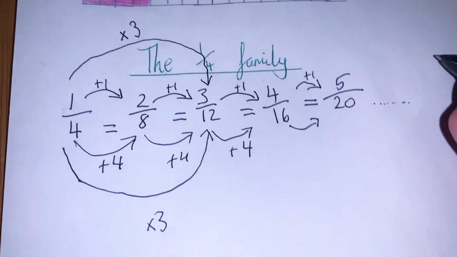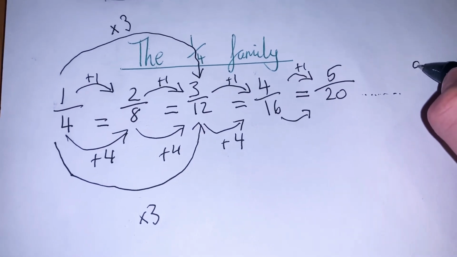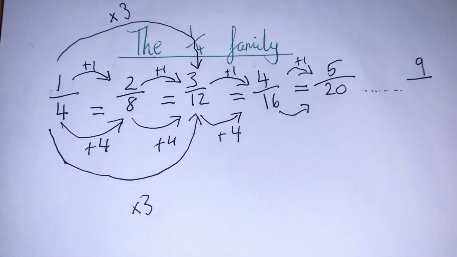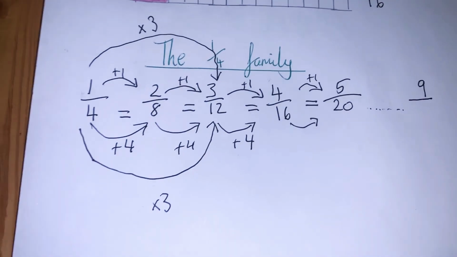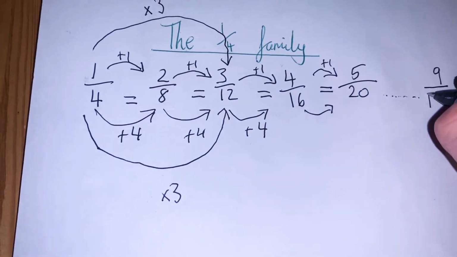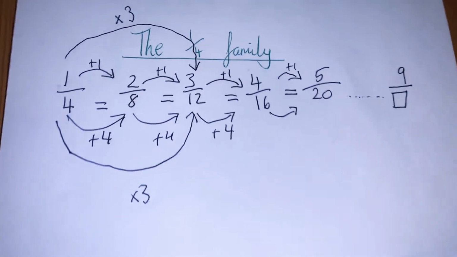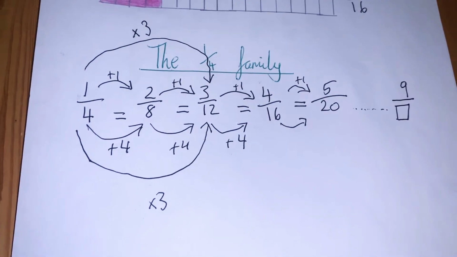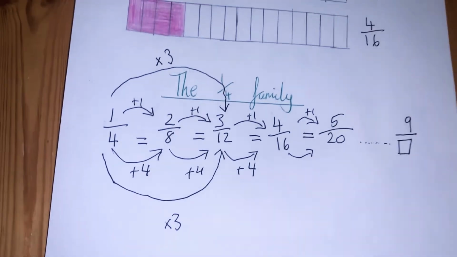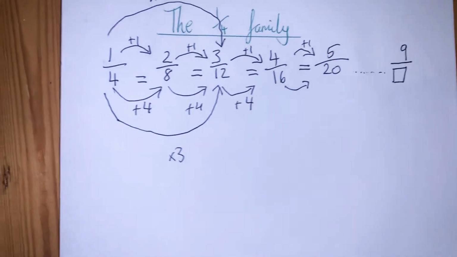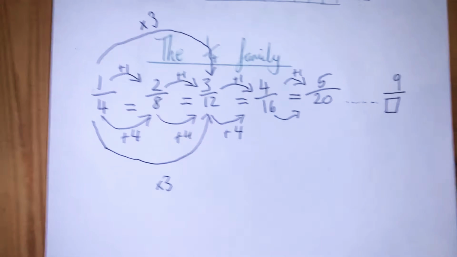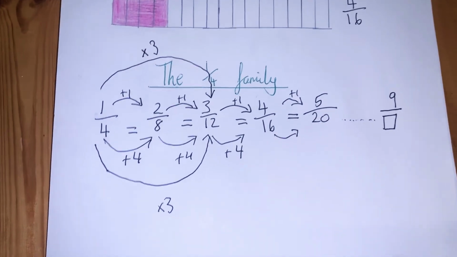Now if I was to go a bit further on, I'm going to go with 9. Let's try and think now how we can find the denominator. So how do we get from 1 to 9? Think of your multiplication. We multiply 1 by 9 to give me 9.